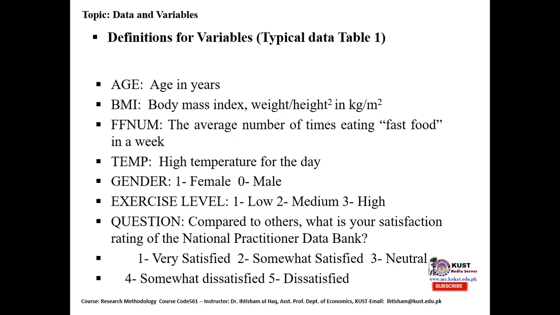So satisfaction is being categorized into 5 categories: 1 for very satisfied, 2 somewhat satisfied, 3 neutral, not satisfied, not dissatisfied, 4 somewhat dissatisfied, and last dissatisfied.